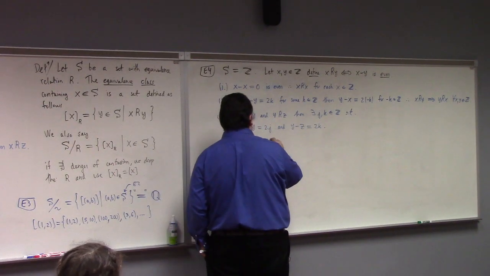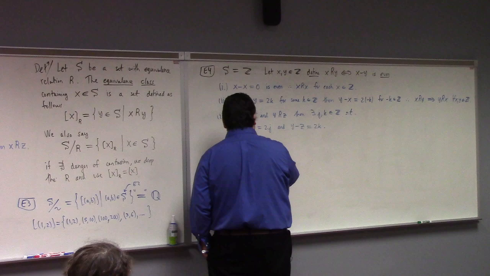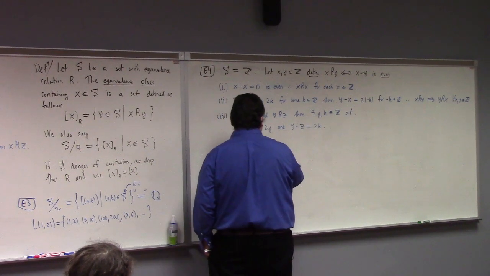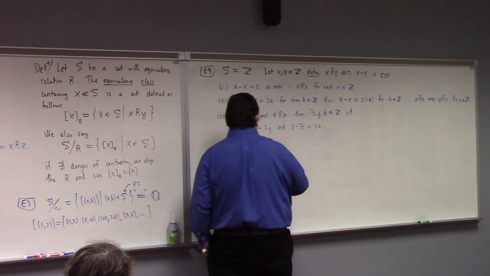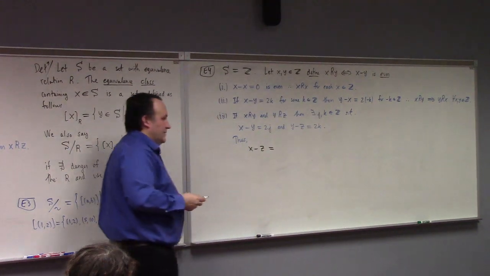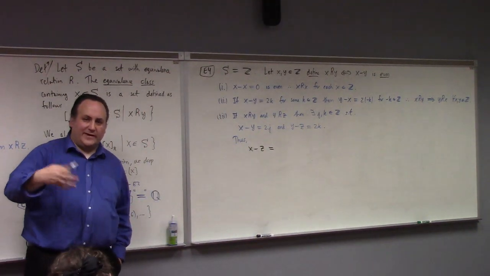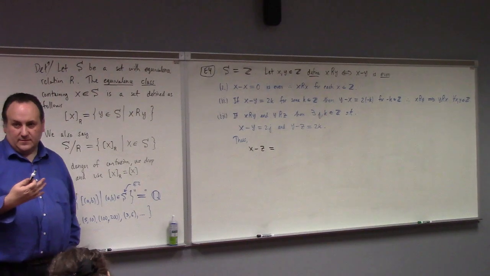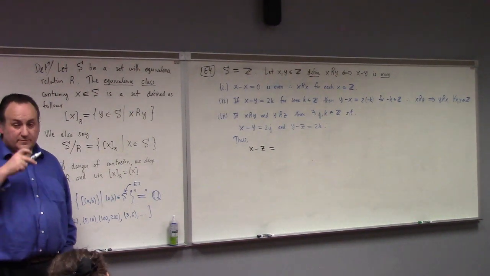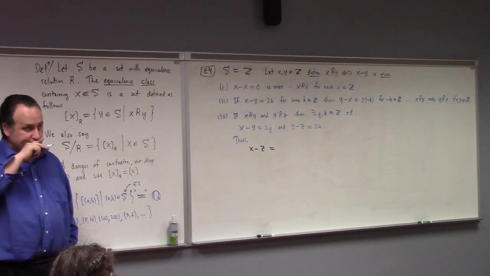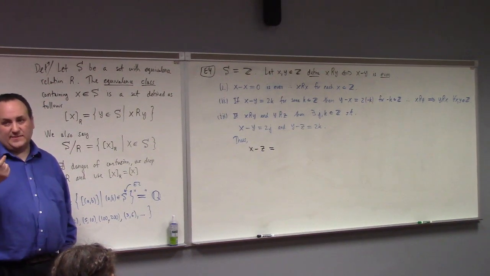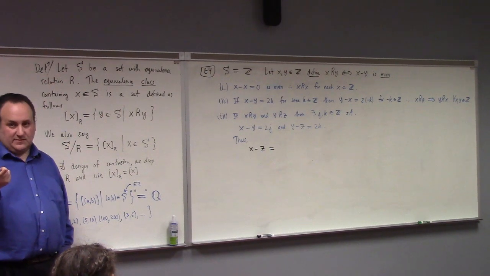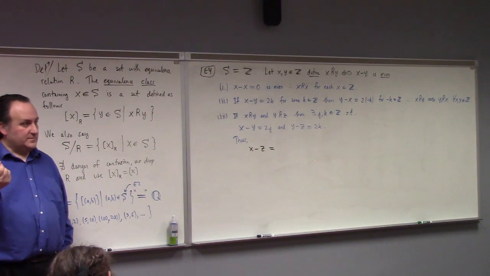So we've got x minus z is equal to, so what do we want to do here? We want to make a y appear, but there's no y. How can we make a y appear? What's the trick? Because we know about x minus y, we know about y minus z.